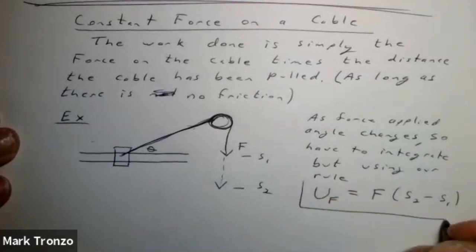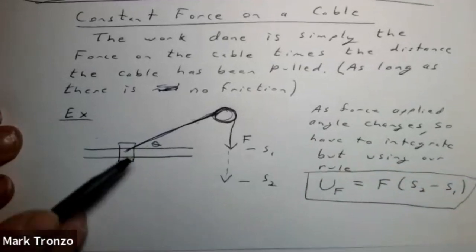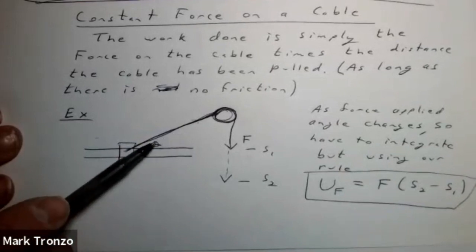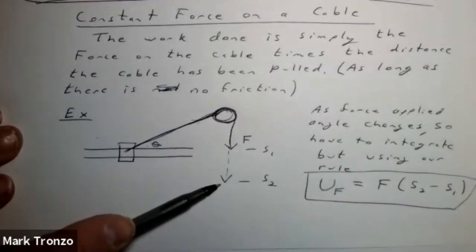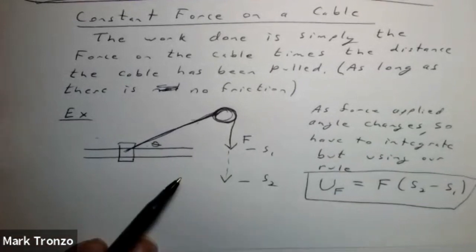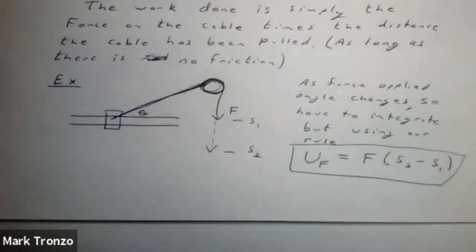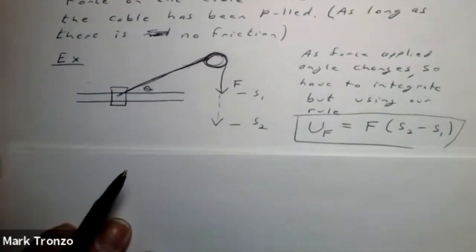That's all we have to do. It really simplifies things a lot. So this really complicated thing just reduces to figuring out how far this cable was pulled. And again, it doesn't really matter what the setup is, as long as you can figure out how far the cable is pulled.